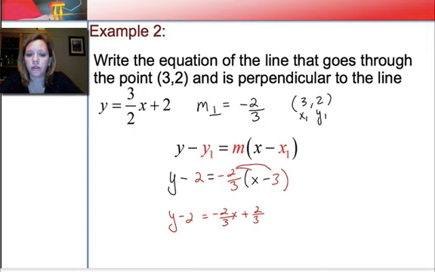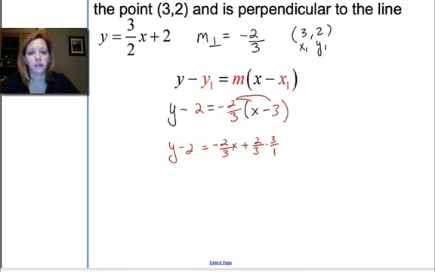And what we have is 2/3 times 3/1. So you can either write that out or do the step in your head. Either way, it's fine. So we'll have y minus 2 equals negative 2/3 x, and then 2/3 times 3/1, my 3's cancel. That's going to be plus 2.